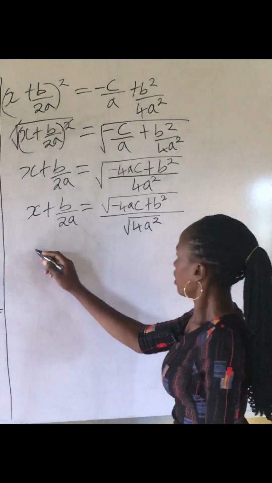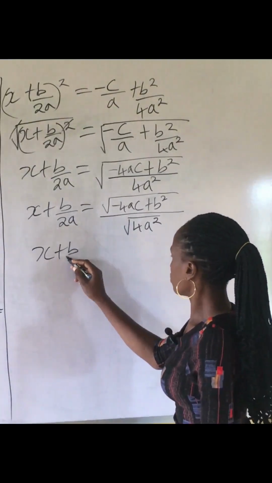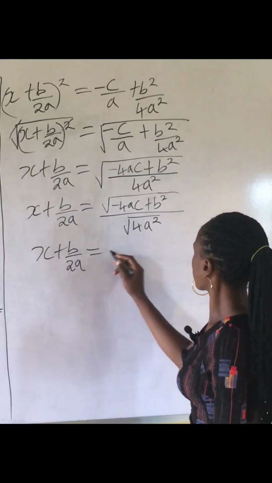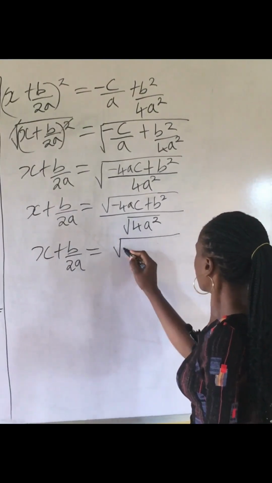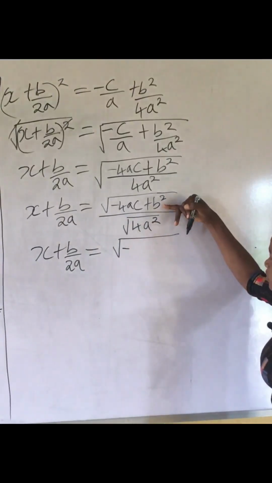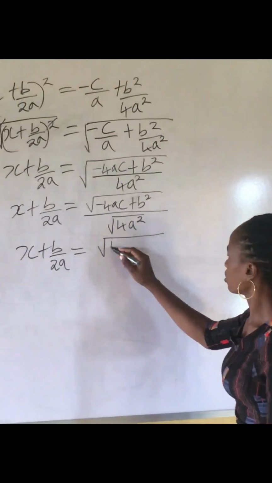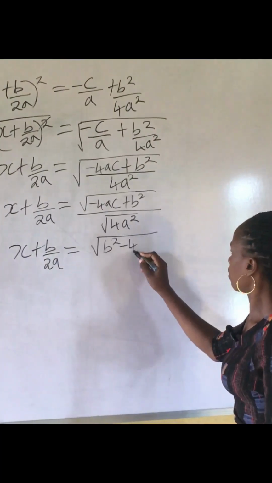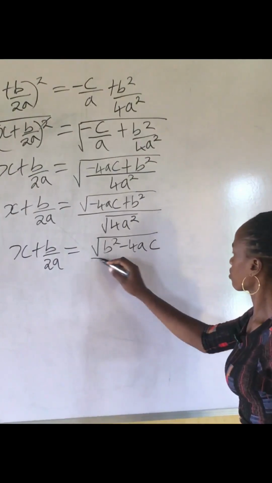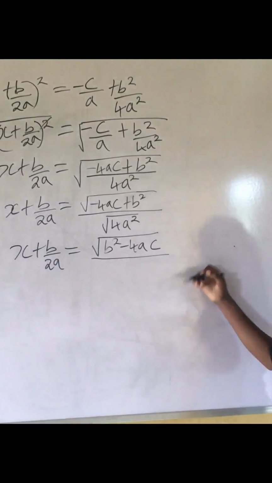Now, x plus b over 2a would be equals to square root of, okay, since this is the positive side and negative side, we can rearrange this to be b squared minus 4ac instead. You just rearrange it.